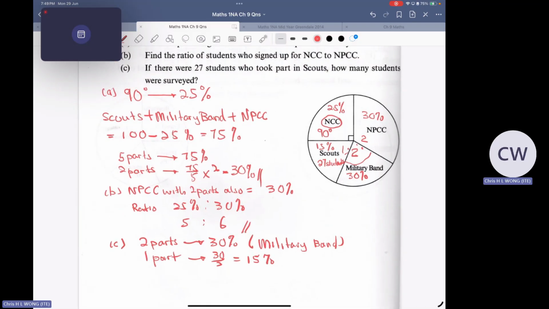I put military band because two parts give you 30 is actually from here. That's why I put the word military band. Two parts 30%. One part which is from Scout will give you 30, but I have to give 15. So now you have 15%. 15% give you 27 students.